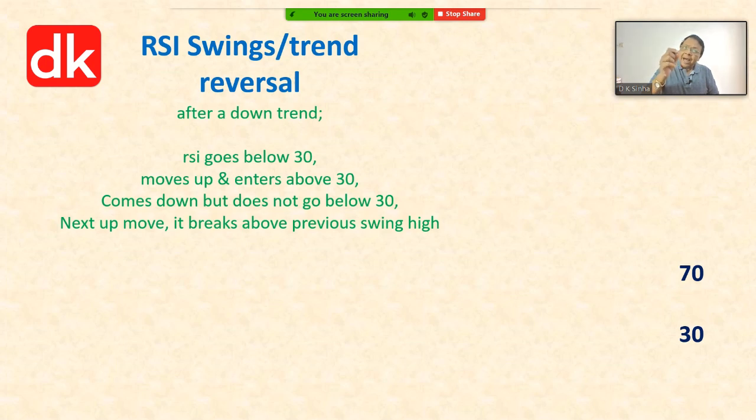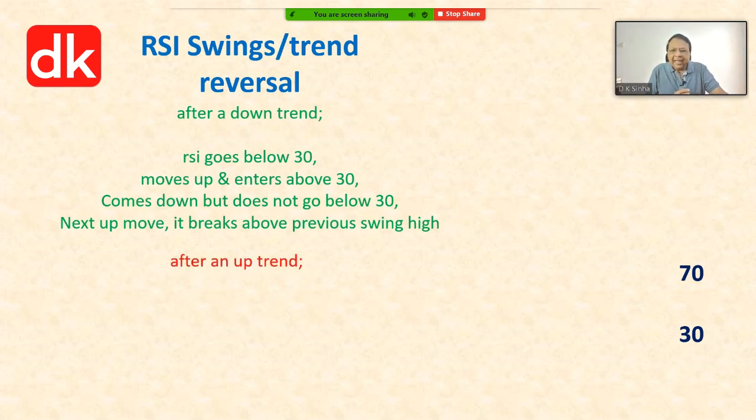When the market started correcting, at that time the momentum on the downside was showing a diminishing effect, so RSI did not go below 30. And soon after that, you will find that RSI moves up because the price is also going up and breaks the previous swing high. It means the momentum on the upside is increasing, which can be seen in the price action also, when the price is making a higher highs and higher lows kind of structure.